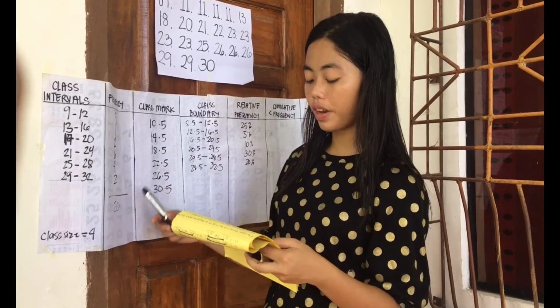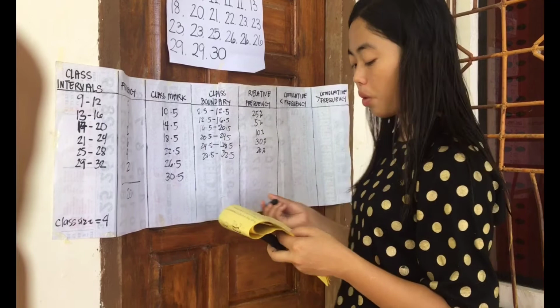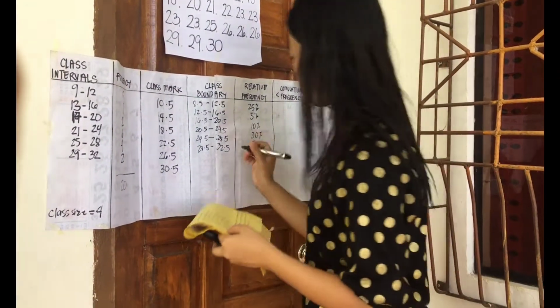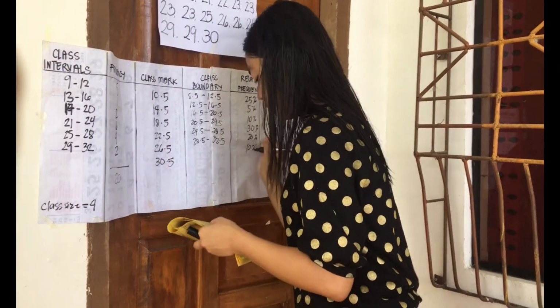Last one is 2 divided by 20, which is 0.1 times 100, equal to 10%.